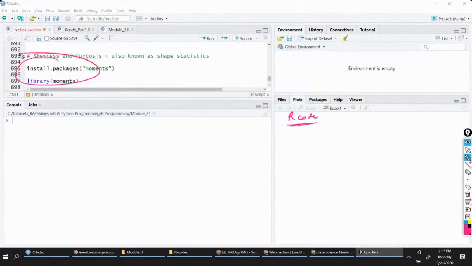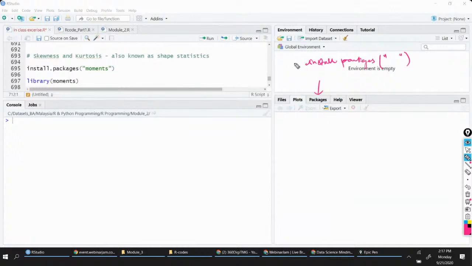Install.packages. Or we can also use the front-end option, the graphical interface. Either one you do. The code which gets executed is install.packages, and very importantly, the package name should be mentioned in double quotes. That's mandatory.